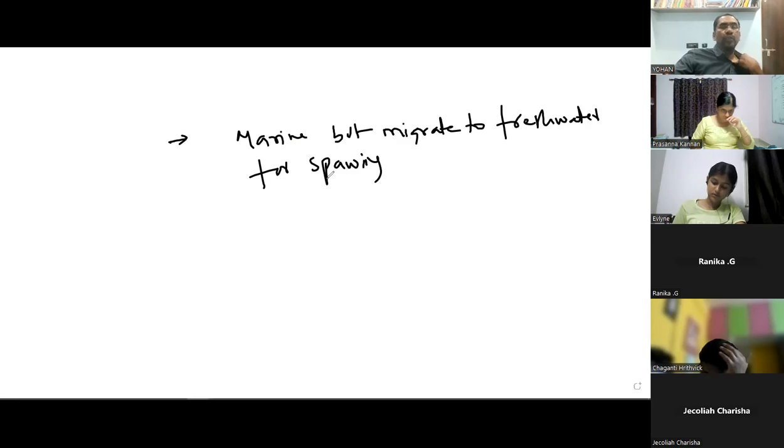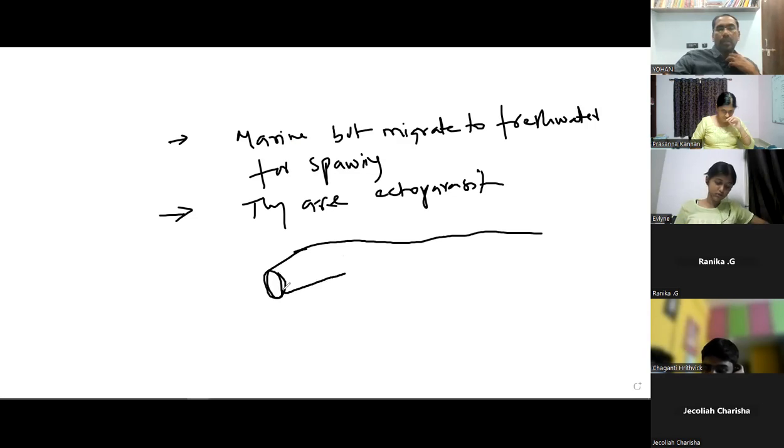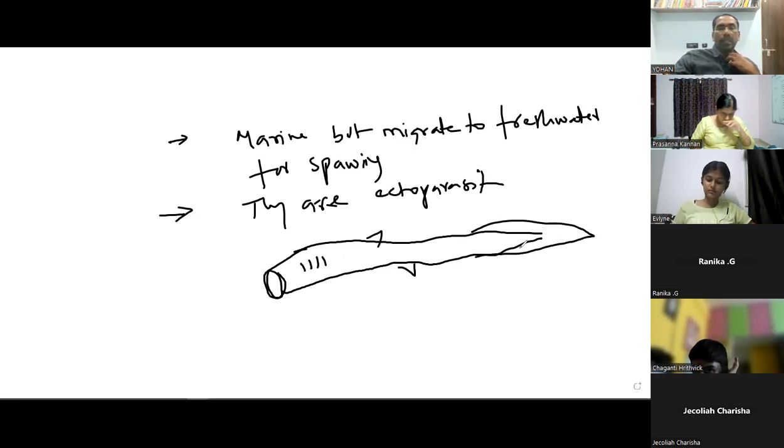They go to freshwater for laying eggs. They are ectoparasites.